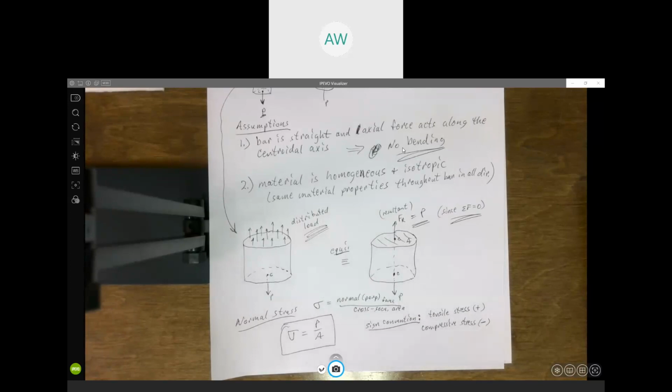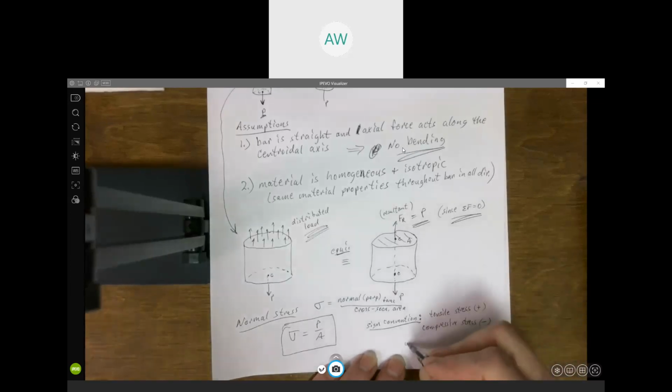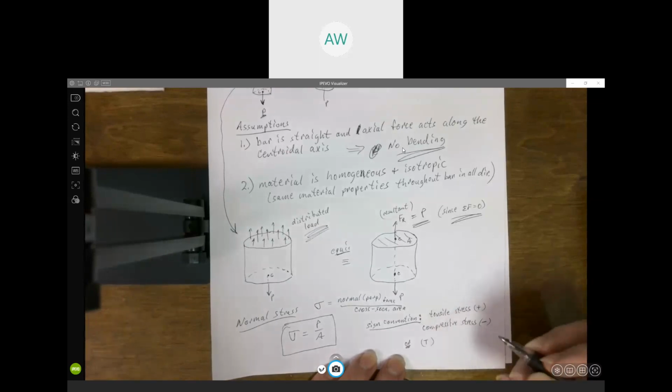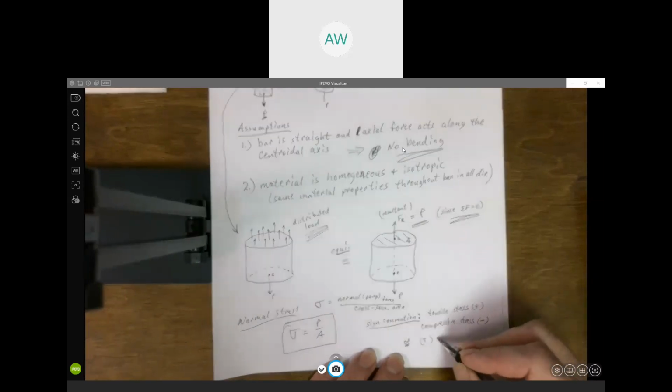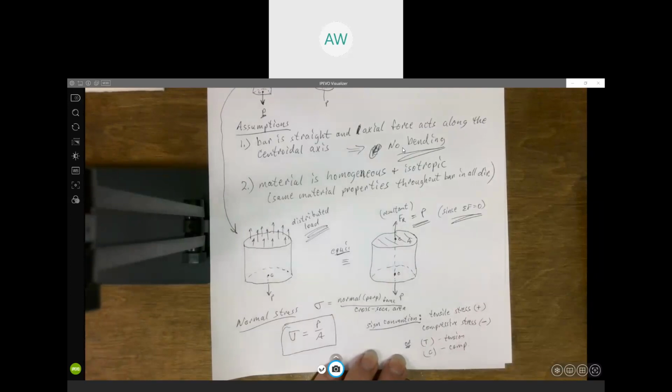If you have a tensile stress, it's going to be positive. If you have a compressive stress, it's going to be denoted with a negative. Now, I have seen a few cases, if you don't like the plus or minus, to me the plus and minus is the simplest thing to do. But I have seen this: you could do T for tension and C for compression. So if you like T and C better than plus or minus, that's fine with me.